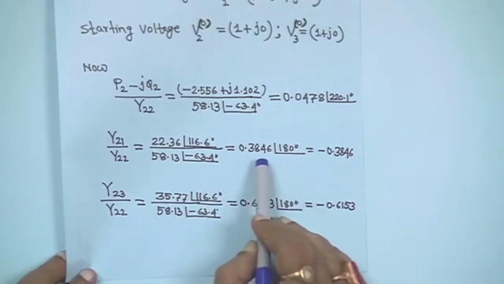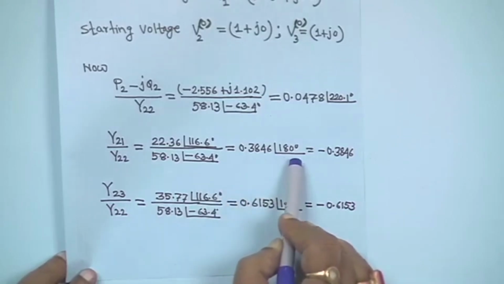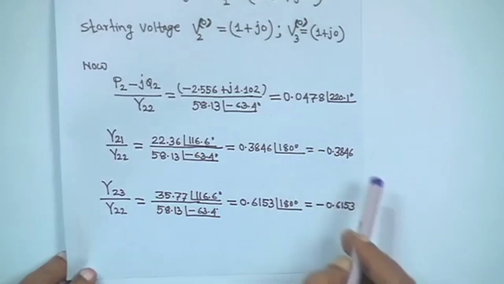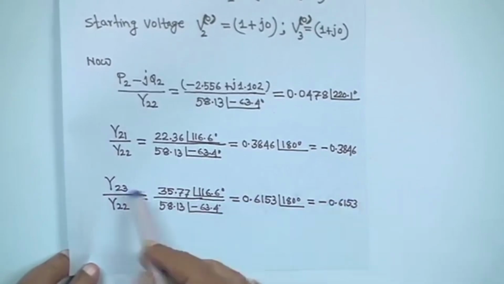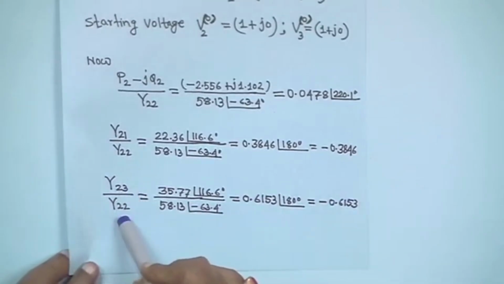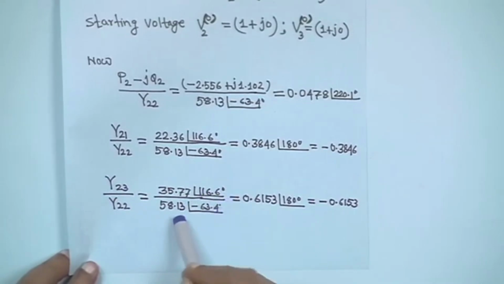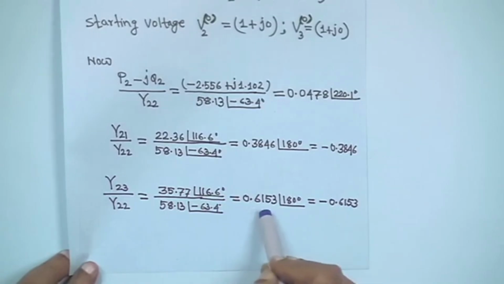So, that will become 0.3846 angle 180 degrees, which is equal to minus 0.3846. Similarly, capital Y23 by capital Y22 is 35.77 angle 116.6 degrees divided by 58.13 angle minus 63.4 degrees, that is 0.6153, and again the angle is 180 degrees.